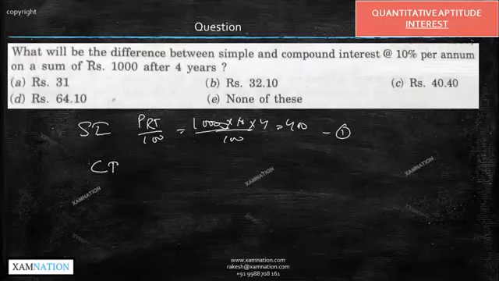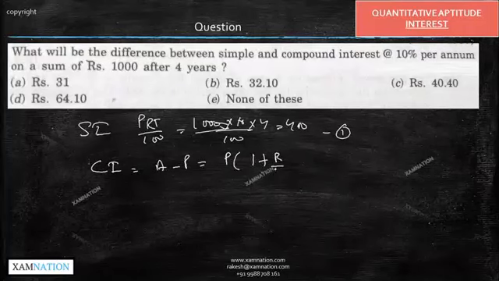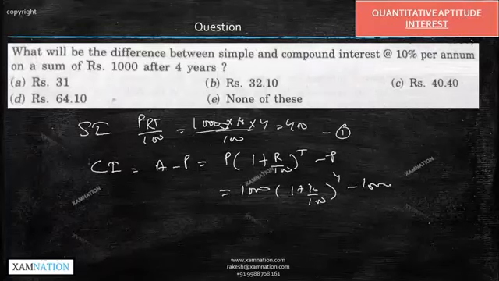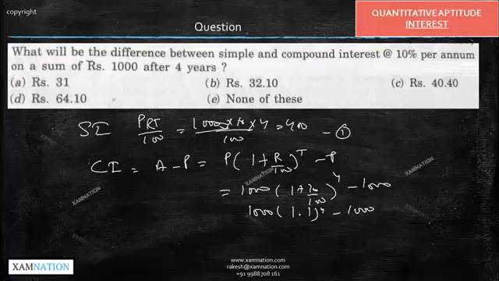For compound interest, we know that amount minus principal is interest. The amount is P(1 plus R upon 100) to the power T, minus principal. So P is 1000, 1 plus 10% upon 100, time is 4 years, minus 1000. So basically 1000 into 1.1 to the power 4.